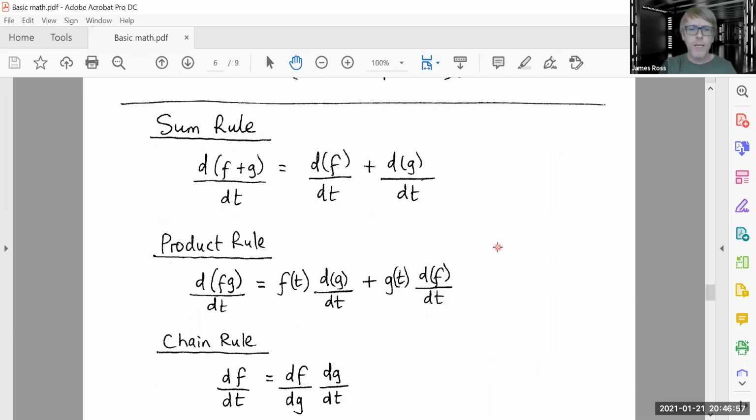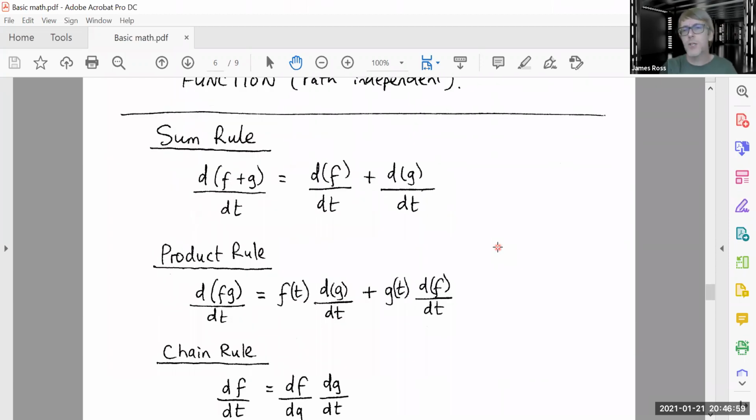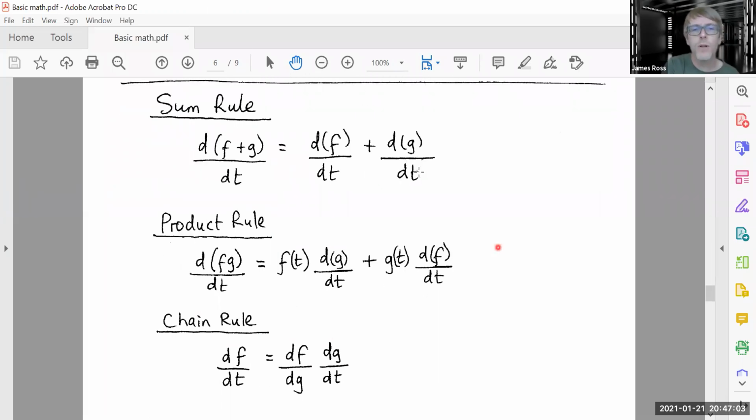So here are some basic rules that I think will be useful in general chemistry. The sum rule: if you have a derivative with respect to time of two functions f and g, you can look at each of them separately. There's the product rule. If you look at a derivative with respect to t of a product, you have to use the product rule, funnily enough.